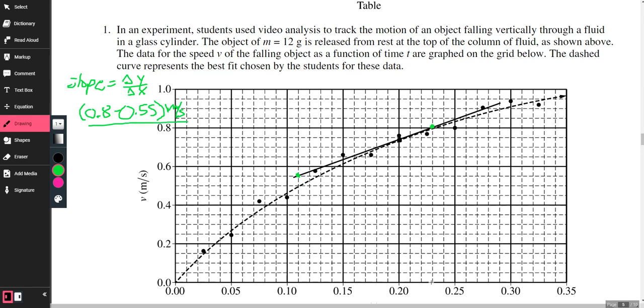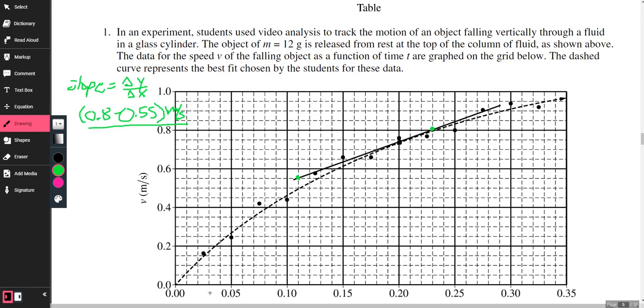So this is going to be a little bit trickier. All right, so each one of these little lines is going to be 0.01. So that's going to be 0.23, and over here, that's going to be 0.11. This is going to be in seconds.